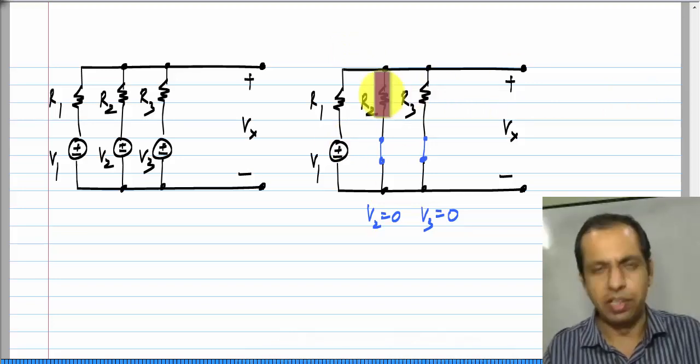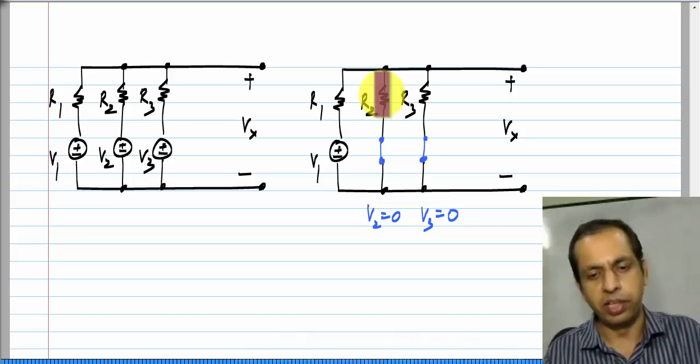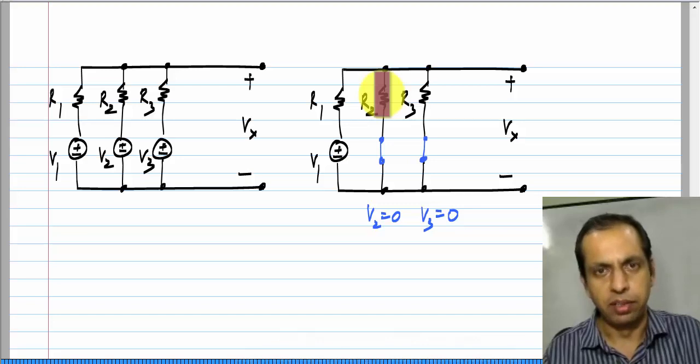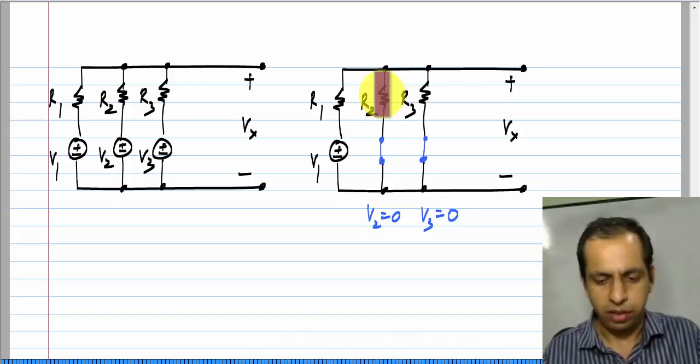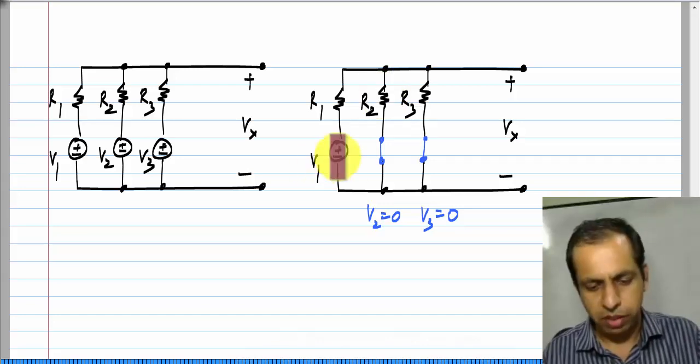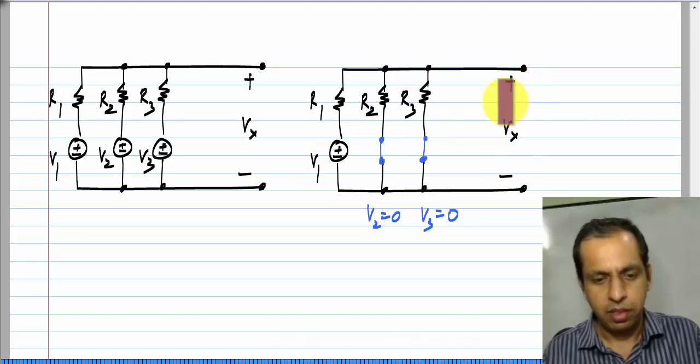I can apply superposition and do this. I can also calculate V x in this case, and it is not very difficult, but like I said, we are discussing reciprocity. So, let us do it using reciprocity relationships. Now, I know that if I apply V 1 here, I get some V x.